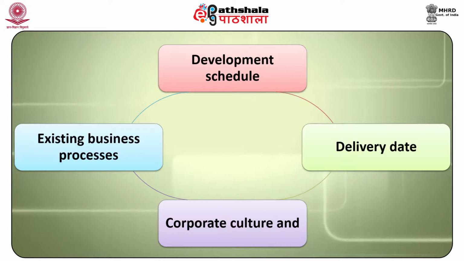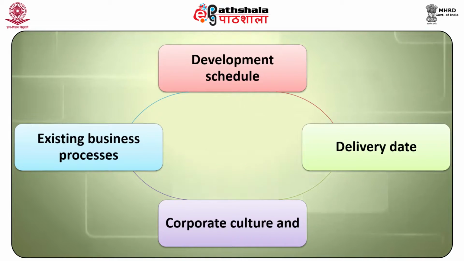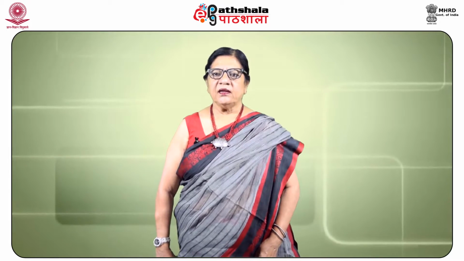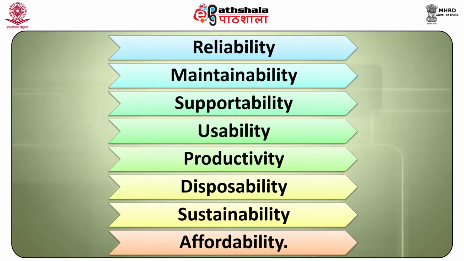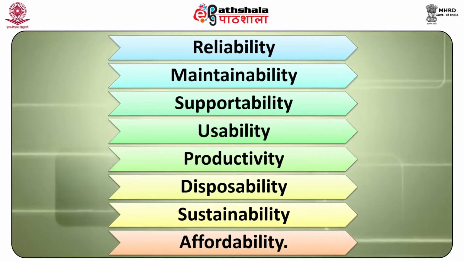existing business processes. To ensure success, there are certain parameters to be considered at a very early stage of design. These include the following: reliability, maintainability, supportability, usability, productivity, disposability, sustainability, and lastly, affordability.